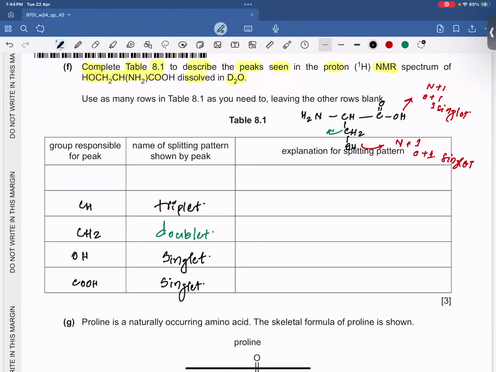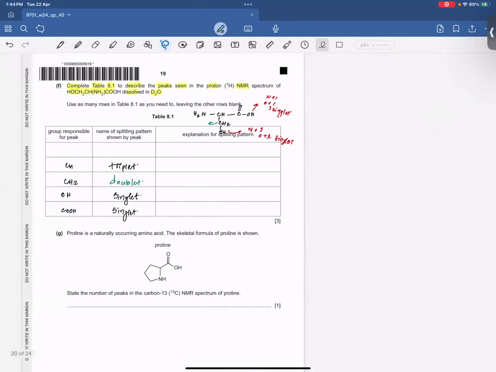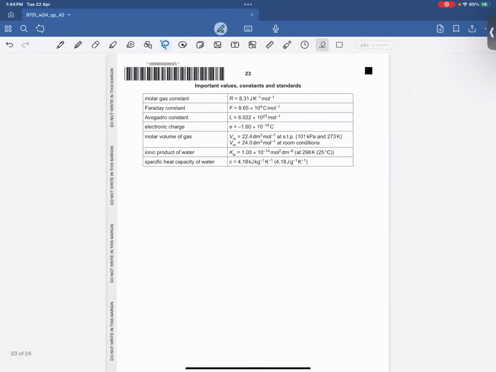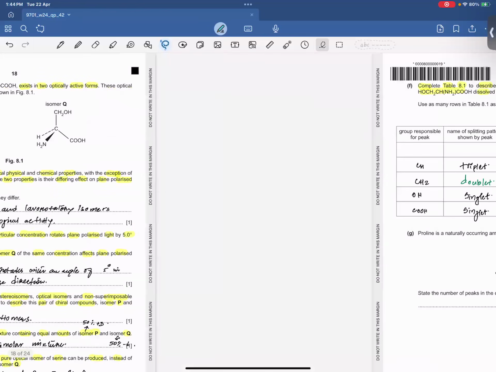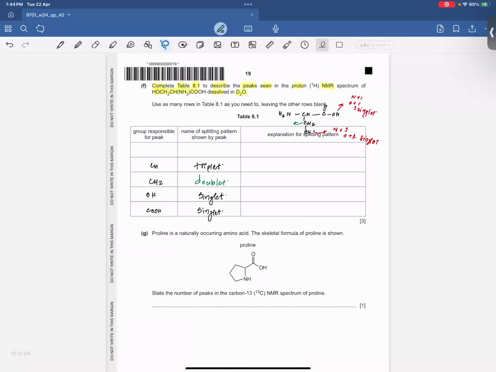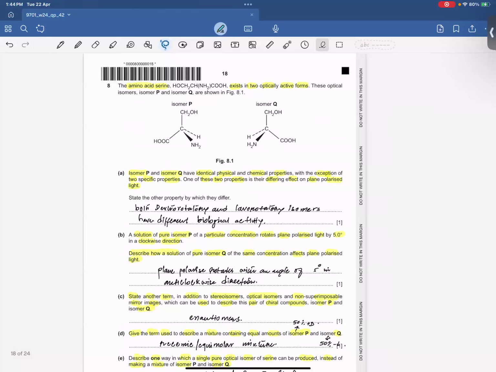And NH2 also. Let me show you something. Let me check. There is no NMR data given. I mean, how can? Oh my goodness, there is no NMR data.